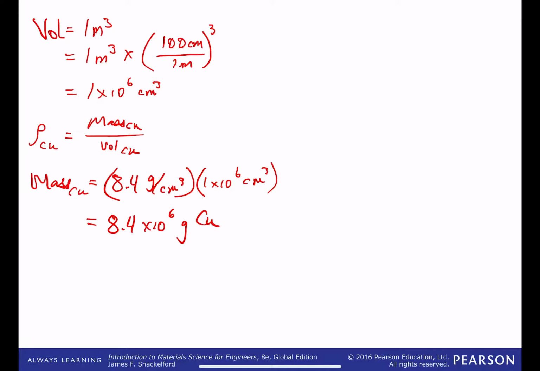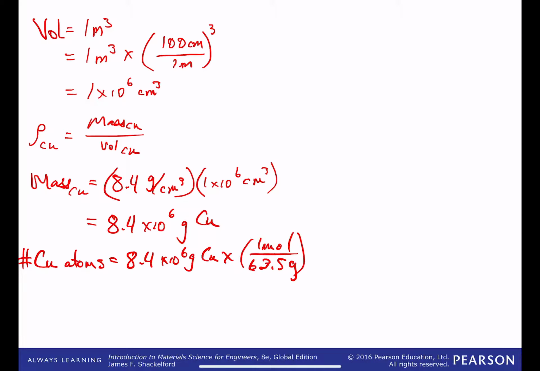Taking this through to number of copper atoms is how we get to the number of sites. So I'm going to determine the number of copper atoms by using that 8.4 times 10 to the 6 grams of copper, multiplying by 1 mole divided through by that 63.5 gram value, the atomic mass for copper, and then multiplying by Avogadro's number, 6.02 times 10 to the 23 for every 1 mole.